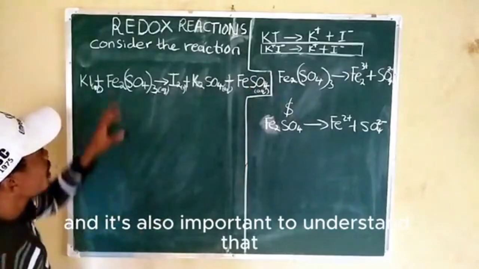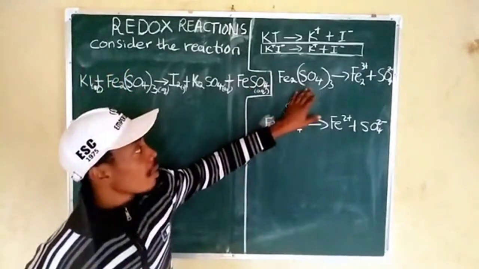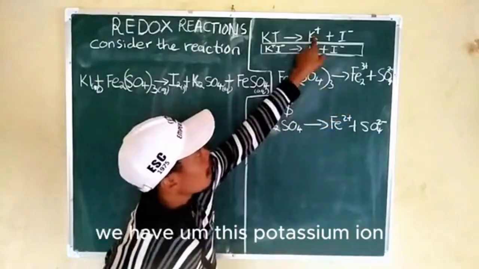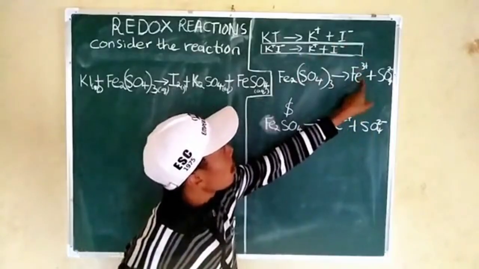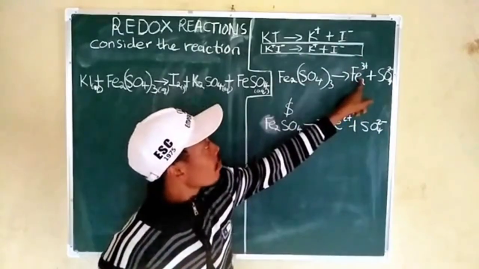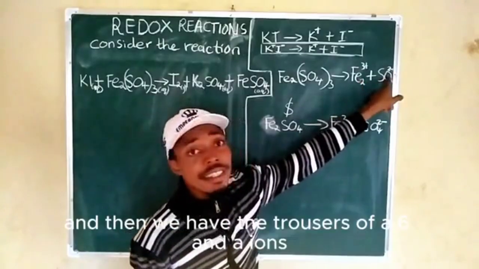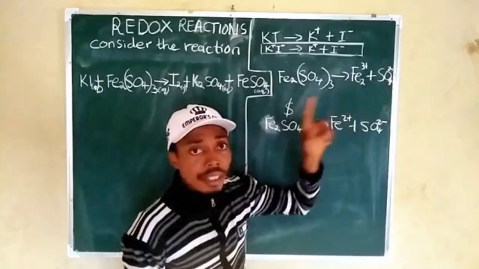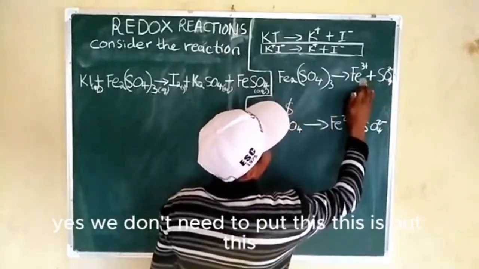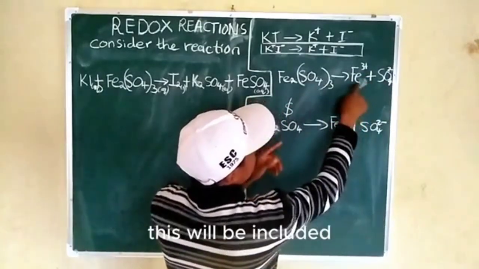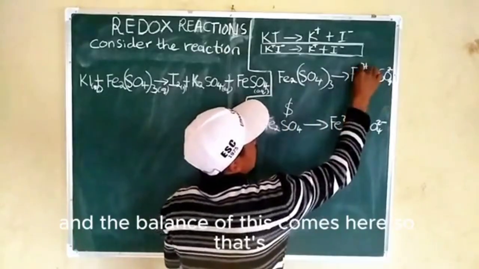It's also important to understand that in this other substance, iron(III) tetraoxosulfate(VI), we have the iron(III) ions and then the tetraoxosulfate(VI) ions. There's a little error there. We don't need to put this. This will be included when the valency of this comes here, and the valency of this comes here.